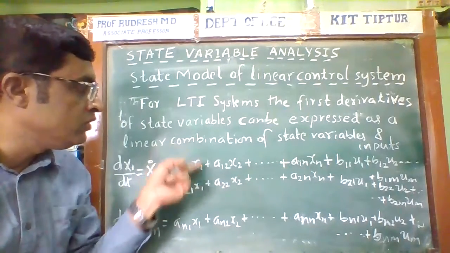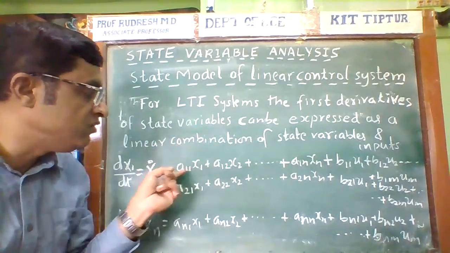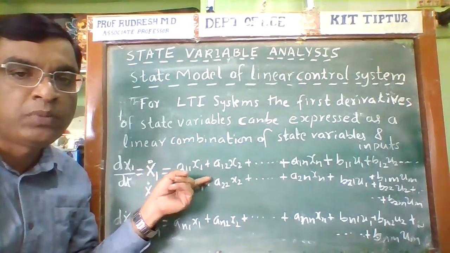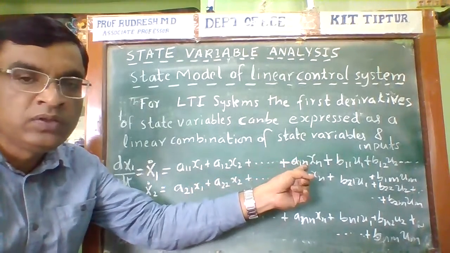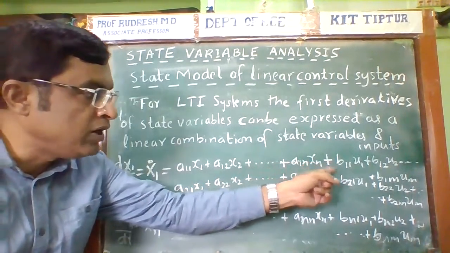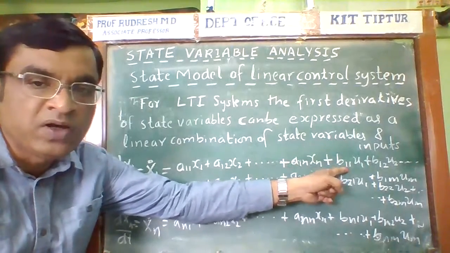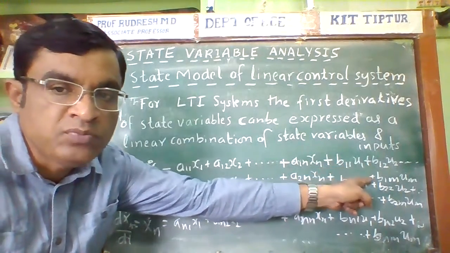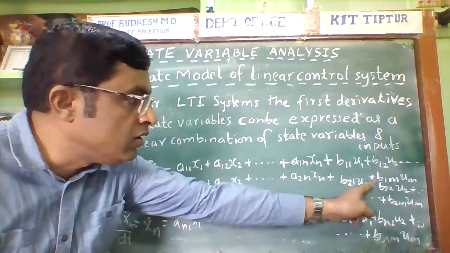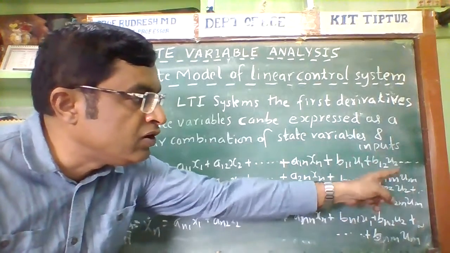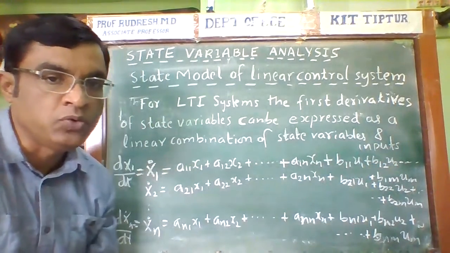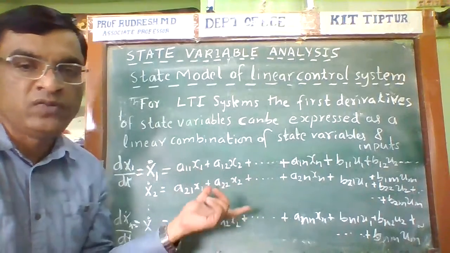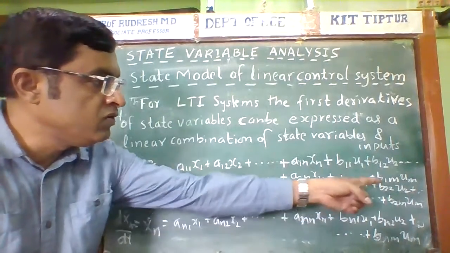According to this definition, a11 x1 plus a12 x2 plus etc. up to a1n into xn, plus b11 u1 plus b12 u2 etc. up to b1m. If there are m inputs, u1, u2, u3 are the inputs, and x1, x2, x3 are the state variables.